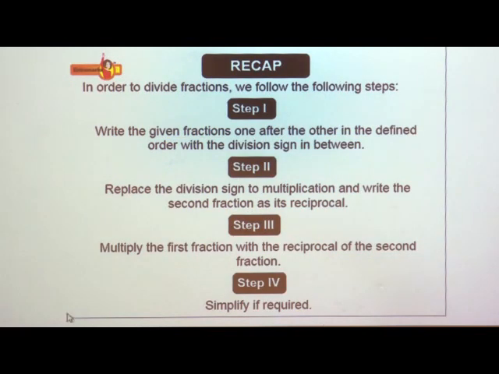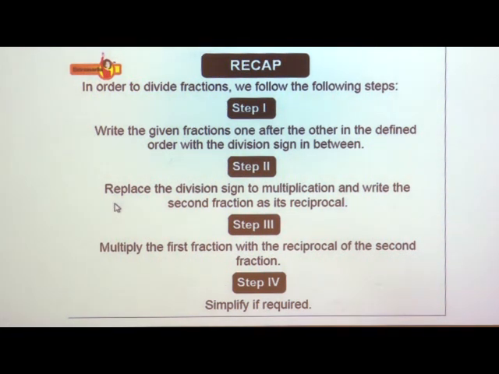Now, we will see the recap of what we had learned. In order to divide a fraction, we follow the following steps. Write the given fractions one after the other in the defined order with a division sign in between. Already we had learned the division sign in between.